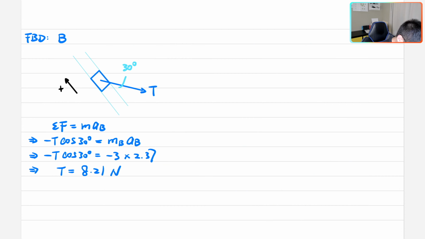Now, if we look at the free body diagram of A, A is experiencing a force from the piston. I didn't specify the name, so we'll call this force F. A is being pulled over here.